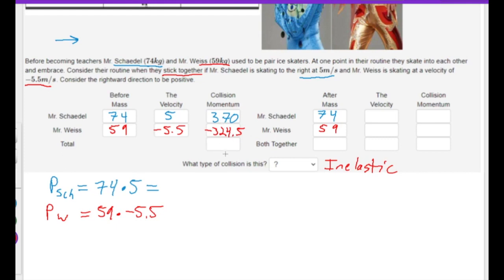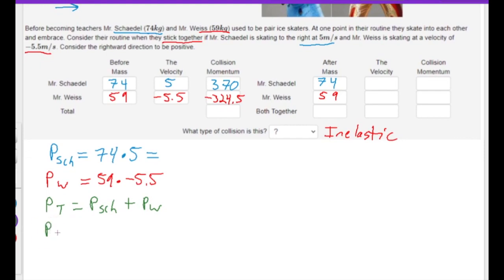So now that I have the momentums of Mr. Weiss and Mr. Shadell, I can solve for the total momentum. The total is just going to be me adding those two things together. So I get the momentum of Mr. Shadell, and I'll just write this out the long way, plus the momentum of Mr. Weiss. So now I'm going to plug those numbers in, and I find out that the total momentum before the collision is equal to 370 minus 324.5.